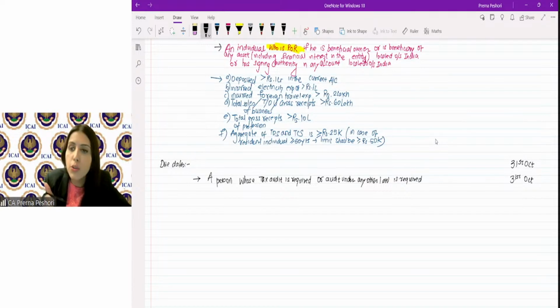For a company, the due date is always going to be 31st October. Any person whose tax audit is required or audit under any other law is required, then also the due date is going to be 31st October.